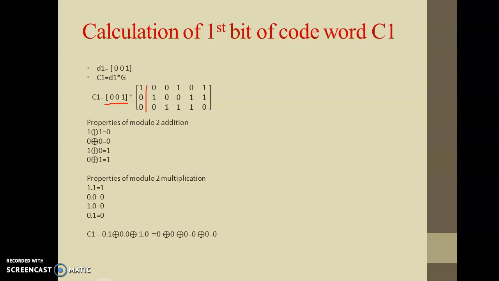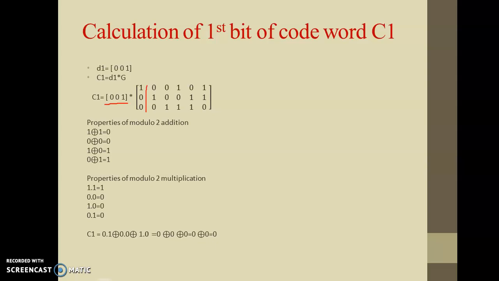Here I have mentioned the properties of modulo 2 addition and modulo 2 multiplication. If you observe the properties of modulo 2 addition, it is the same as the truth table of XOR. And the properties of multiplication are the truth table of AND.